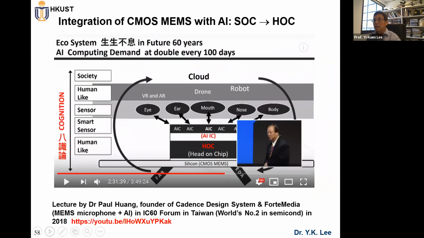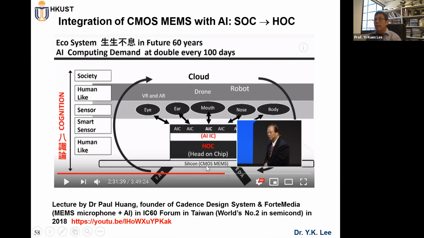Another important point for the following six years: this idea comes from the founder of Cadence in Silicon Valley, Dr. Paul Huang. He has his own vision for this kind of CMOS MEMS sensor.